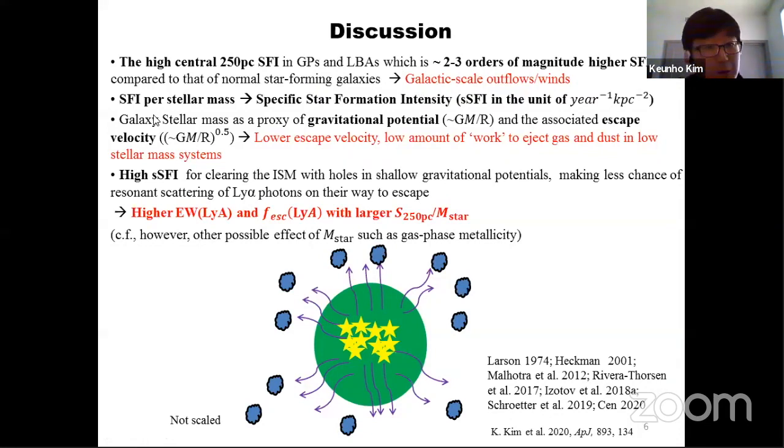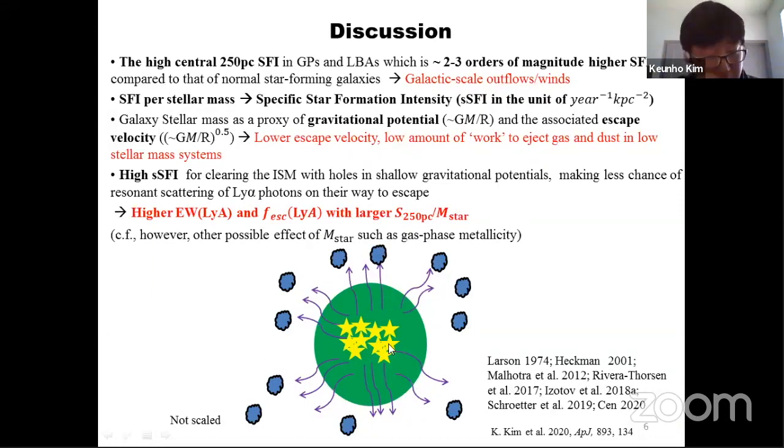And in addition to this, by considering the effect of galaxy stellar mass as a proxy of gravitational potential and the associated escape velocity for gas and dust to be ejected, the parameter of specific star formation intensity as a driving parameter for Lyman alpha photon escape can likely be related to the clearing power of the ISM with holes, represented by strong SFI in shallow gravitational potentials, which is likely making less chance of resonance scattering of Lyman alpha photons on their way to escape.